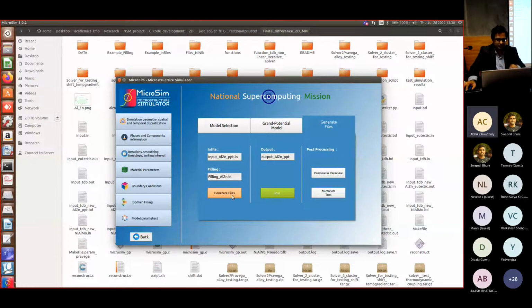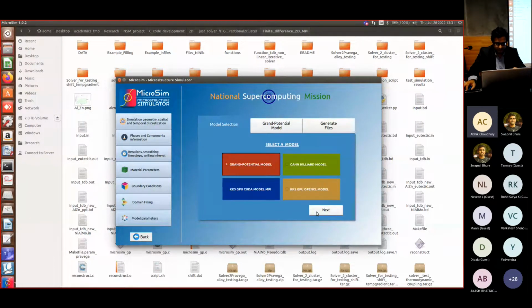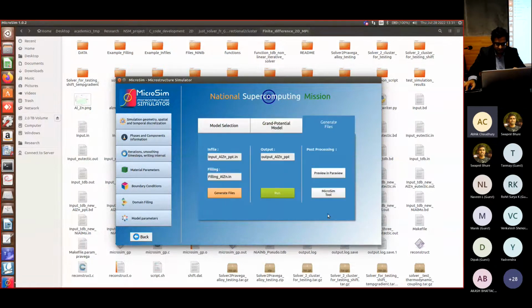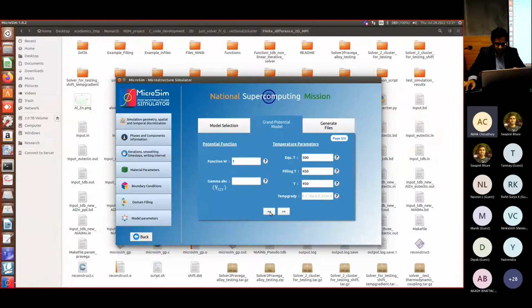And I don't remember filling the temperature, so I will just go to material properties once to check. Oh, it has to be coming in model parameters. Just let me go and check temperature once. Temperature is 450, so I'm cooling 50 Kelvin. Equilibrium temperature is 500. I'm cooling 50 Kelvin to get this.